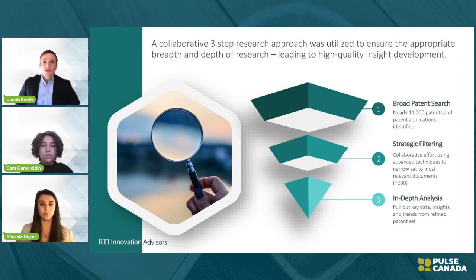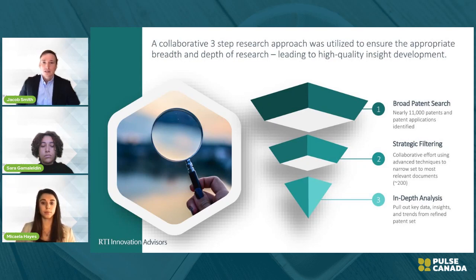And we worked closely with Janelle and Pulse Canada to develop a collaborative approach to make sure that we had the right breadth and depth as we dove into intellectual property associated with Pulse Starches. So you'll see the 3-step strategy here on the slide. We started with first doing a broad patent search where we went out and gathered nearly 11,000 patents and patent applications filed since 1980.